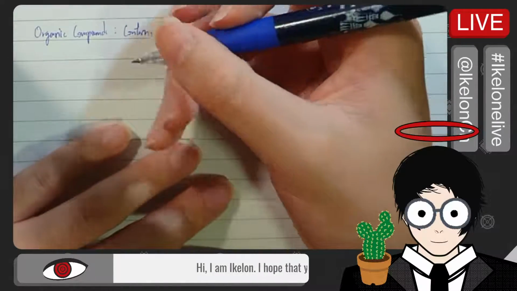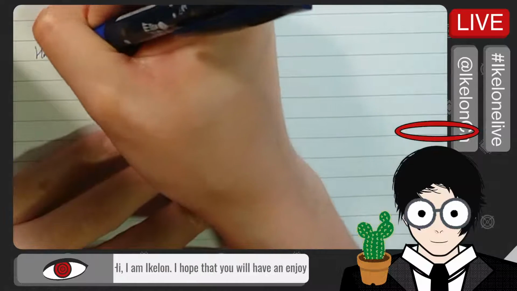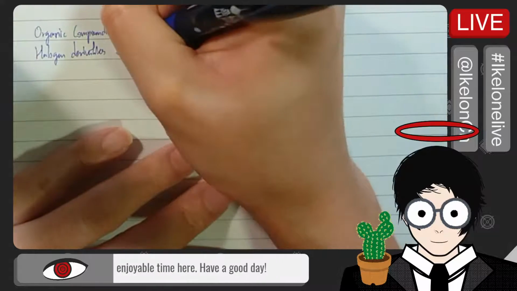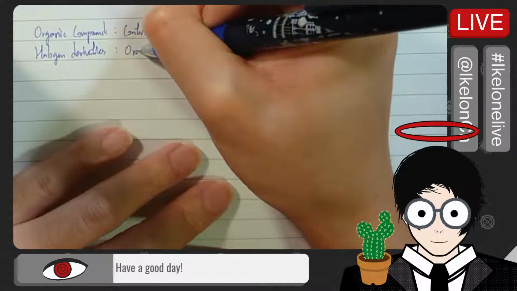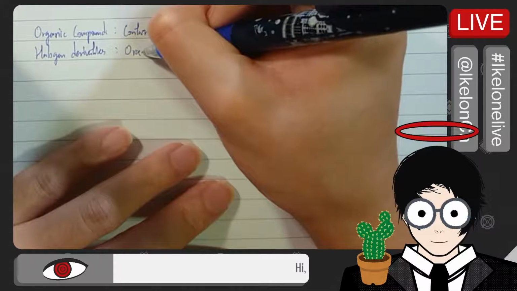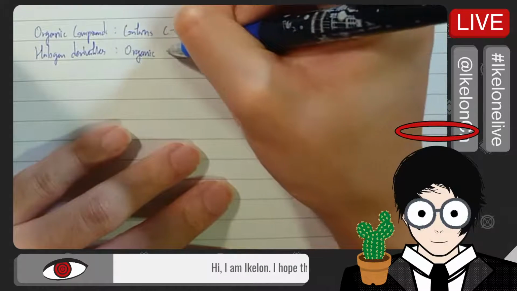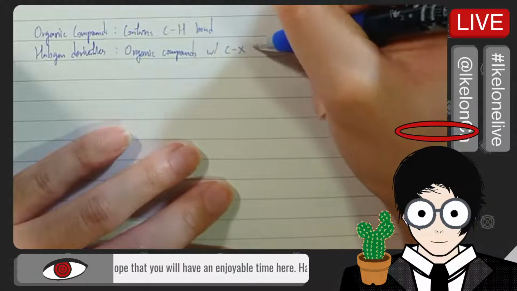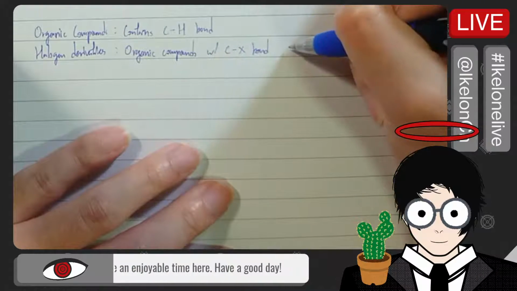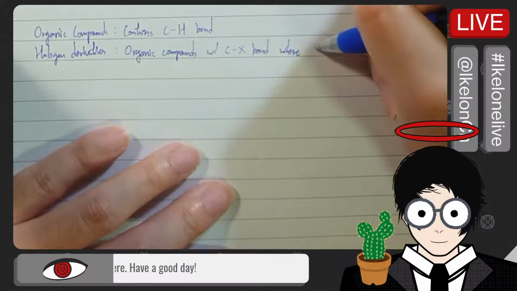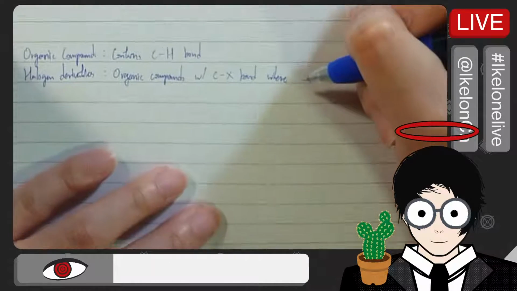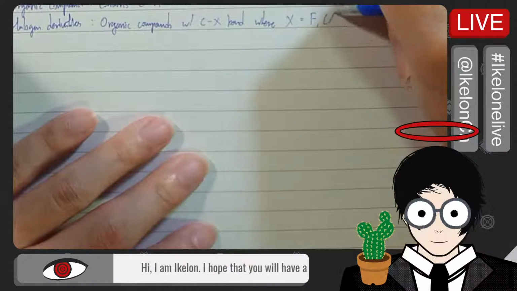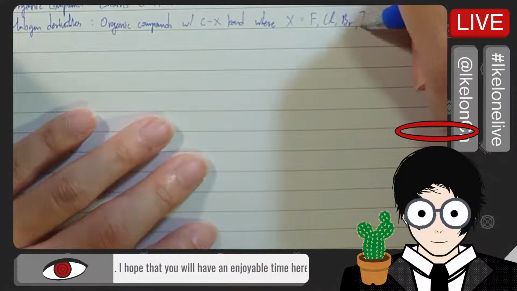For halogen derivatives, they are organic compounds with the C-X bond, where X equals fluorine, chlorine, bromine, or iodine.